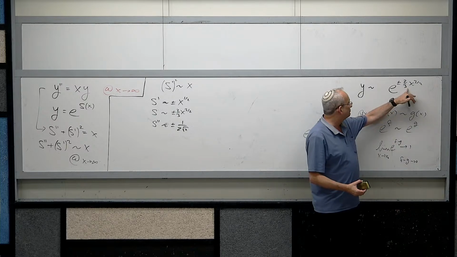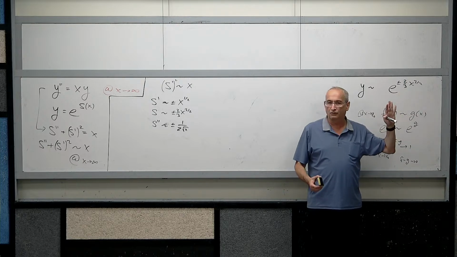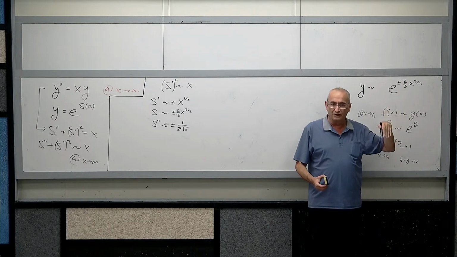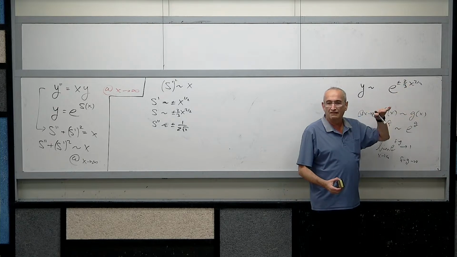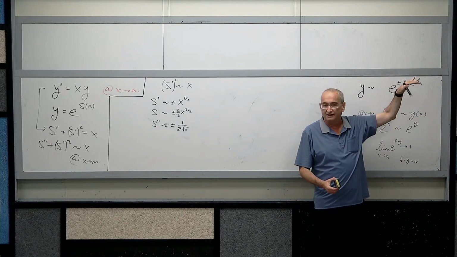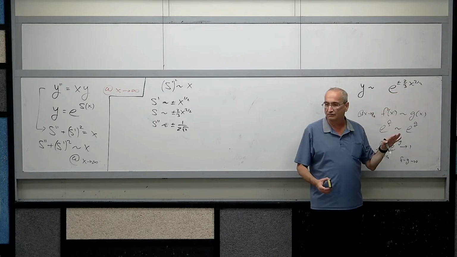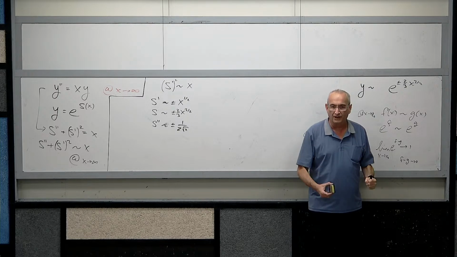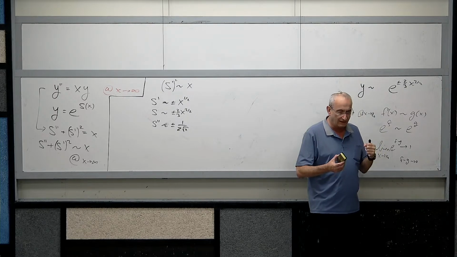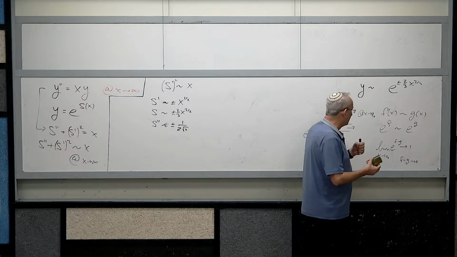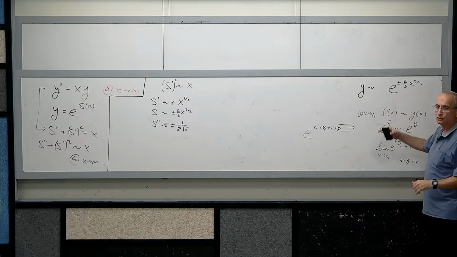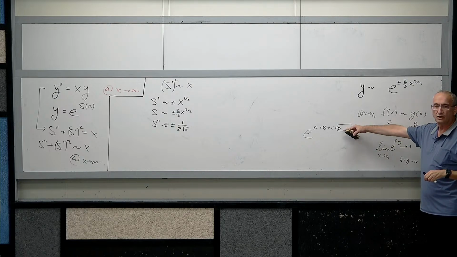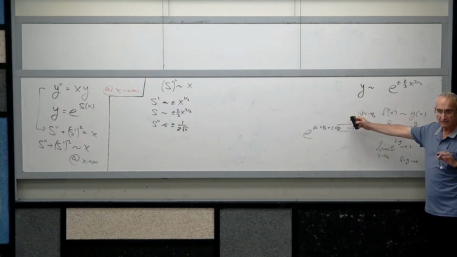I mean, this is very similar to the behavior of the Airy function going to 0 like e to the minus 2/3 x to the 3/2, and the Bairy function going to infinity like e to the plus 2/3 x to the 3/2. It's a very important step, and it gave us a lot of information. But strictly, still, we cannot write the asymptotic sign until we make sure that the next terms are actually going to 0 as x goes to infinity.